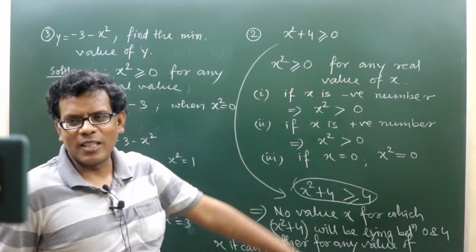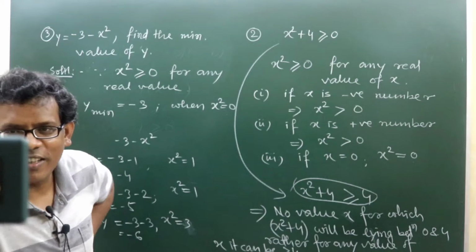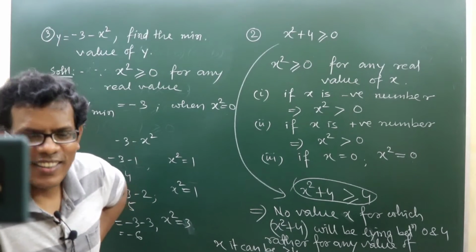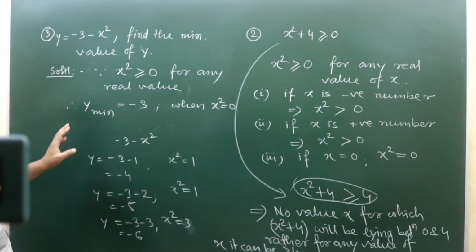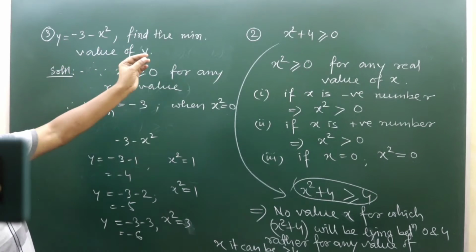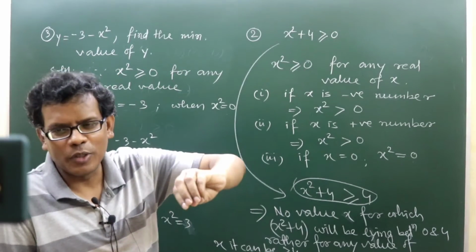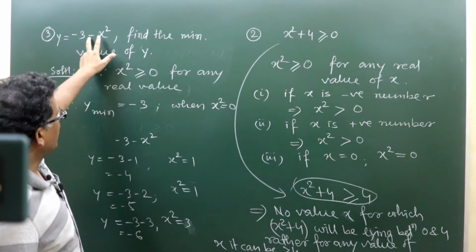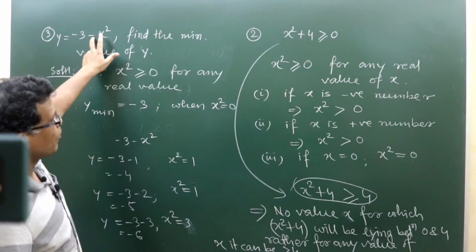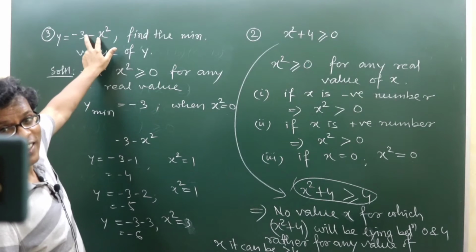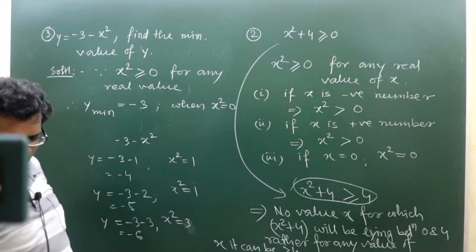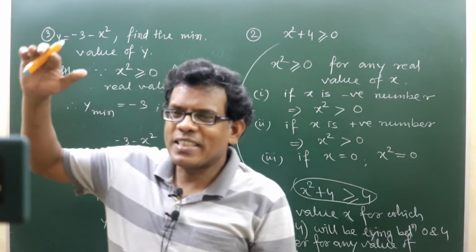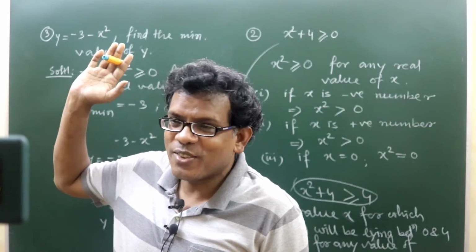Apart from x square, the other part was plus 4, which is positive, right? So the more you put values of x square, being always positive, with the negative sign, this negative quantity will keep on increasing as you increase the value of x square.